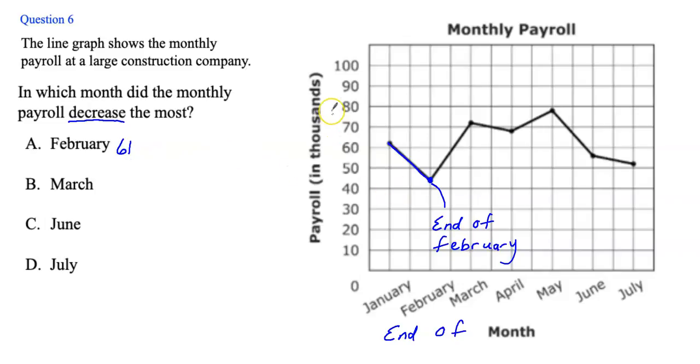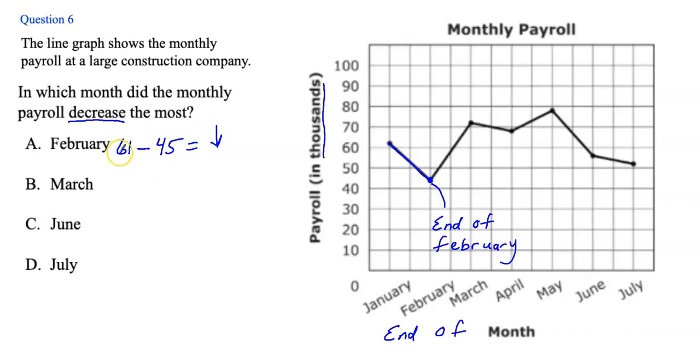It's really 61,000 because it says payroll in thousands. But I'm just going to write 61. And then I'm going to subtract this amount right here, which represents the payroll at the end of the month. And that's about, I don't know, 44, 45,000. I'll say 45.